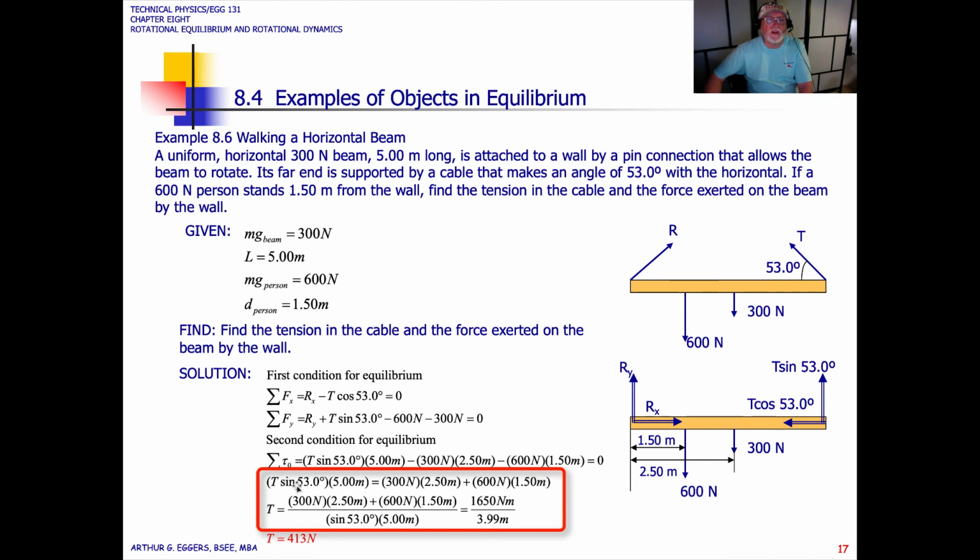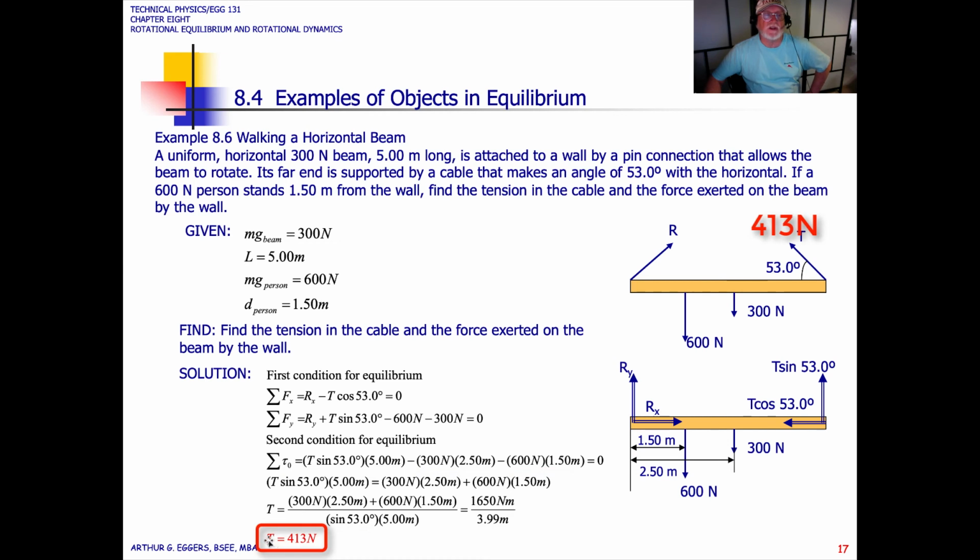The sine 53 times 5 meters becomes the denominator. When we run those through our calculator, we get 1650 newton meters divided by 3.99 meters. And that ends up giving us the tension in the cable at the far end of the beam, 413 newtons. So we've found what the tension is out here on the far end.